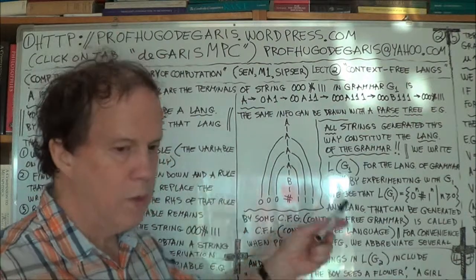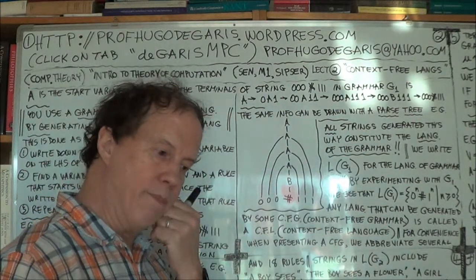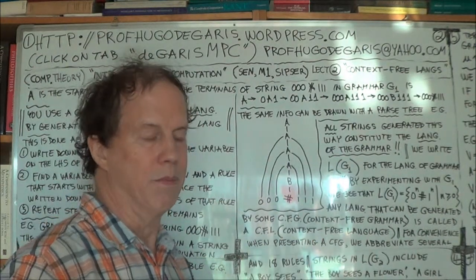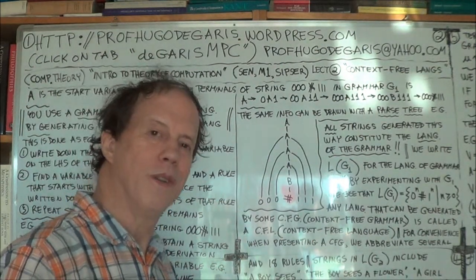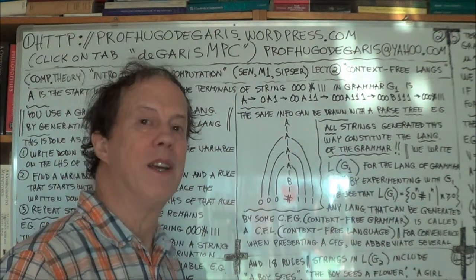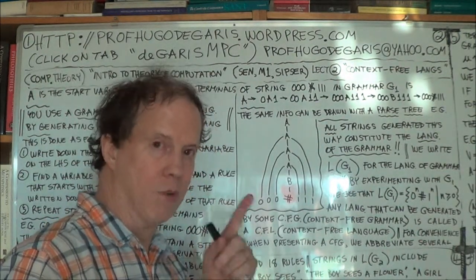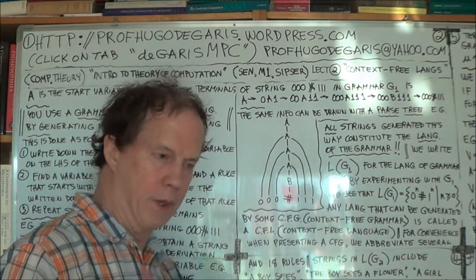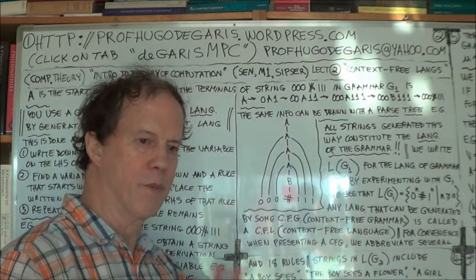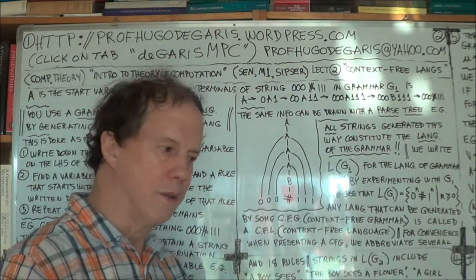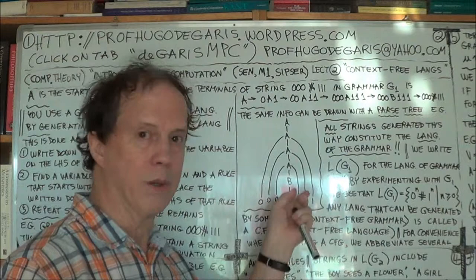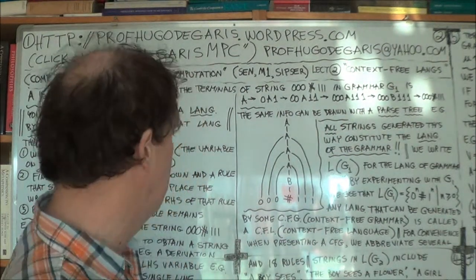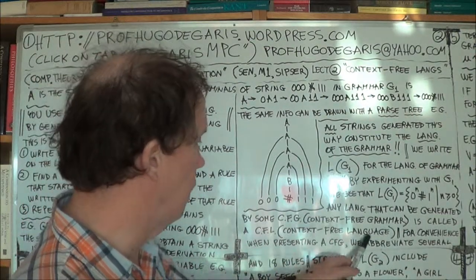All right, now a language that is generated by a context-free grammar is, not surprisingly, labelled a context-free language. That's also a very important definition. So a CFL, because context-free language is an expression used a lot, so we tend to just shorten it on the board. We'll just call it a CFL. Context-free language.